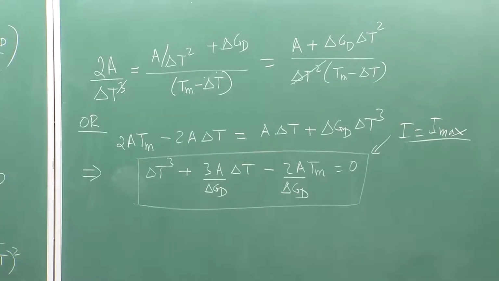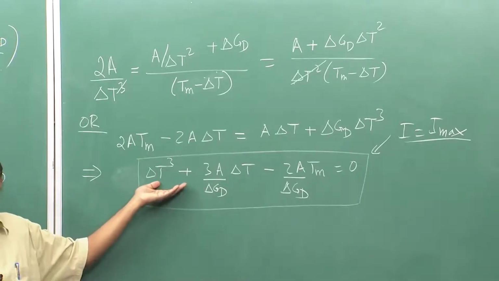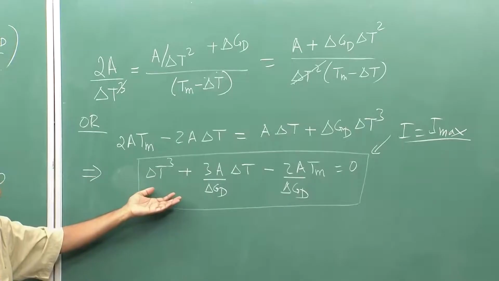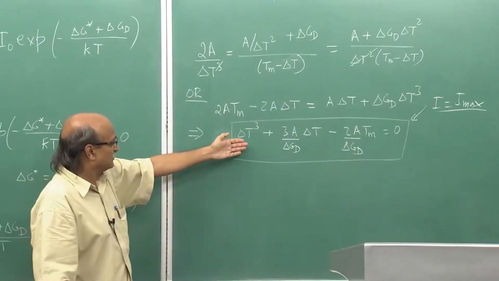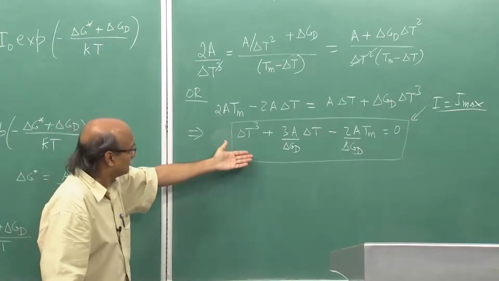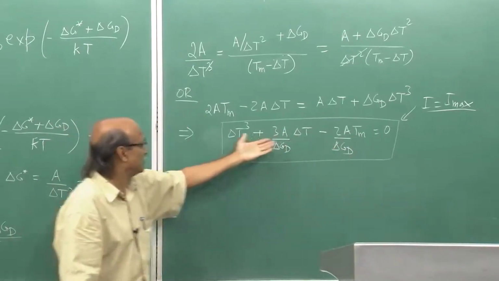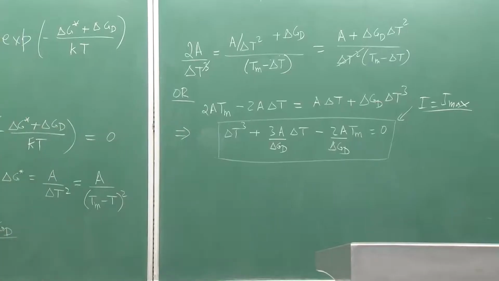If I look at this equation, this is again another cubic like we got in the last lecture, a cubic in delta T, and in fact this is a similar cubic to what I had called a depressed cubic with no square terms. So, the solution to this can be written like this.